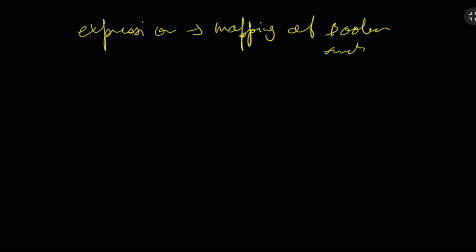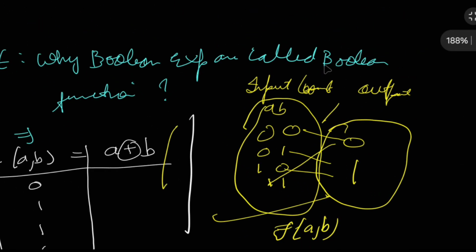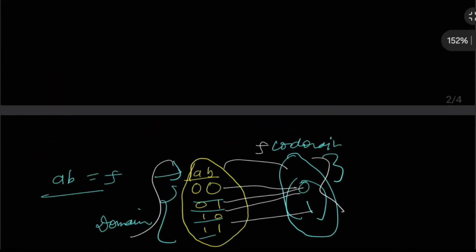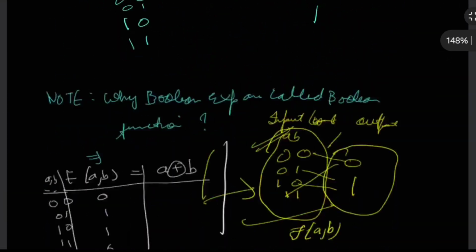So that is why we say Boolean expression and Boolean function are the same thing, because this truth table is the same as the diagram that we made. This truth table is the same as this, right? Our previous truth table was the same.